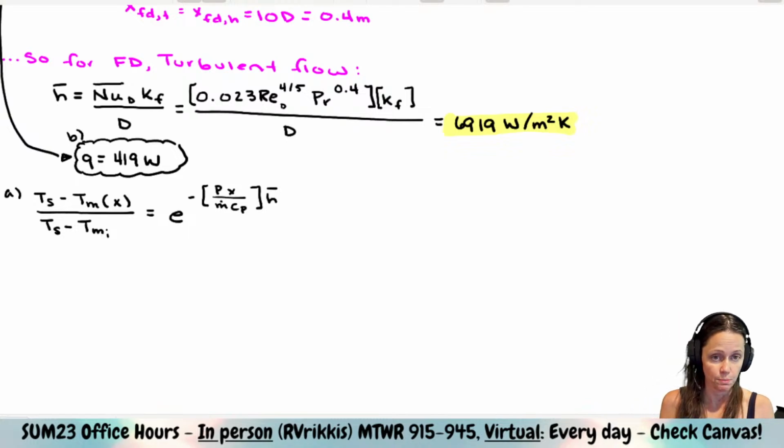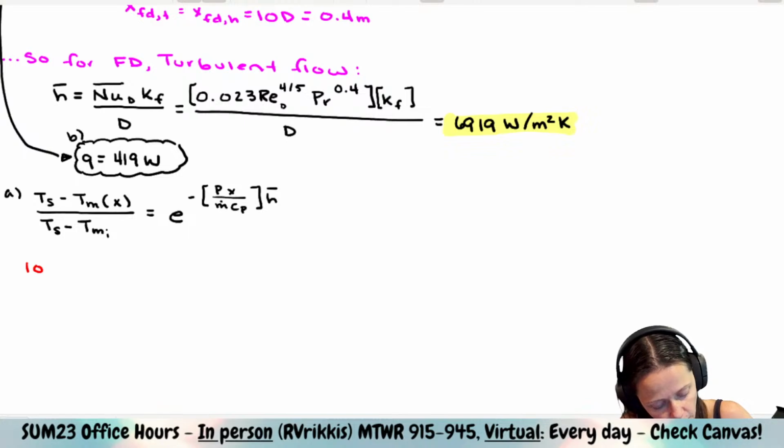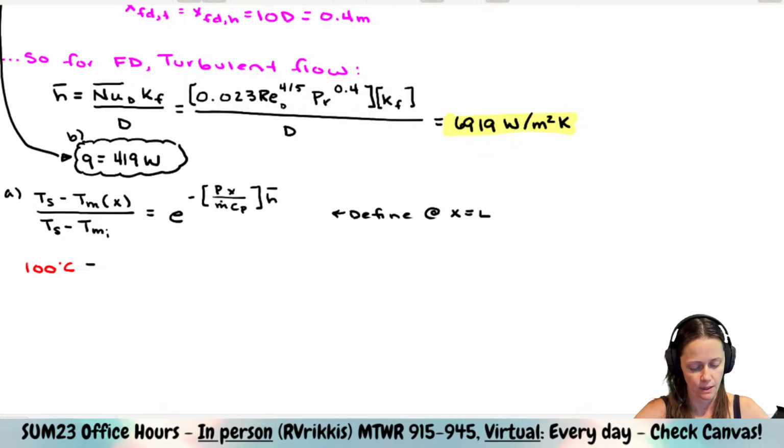All right, so my surface temperature, remember, is a constant 100 degrees Celsius. I am defining things at x equals L, because I need to find L.